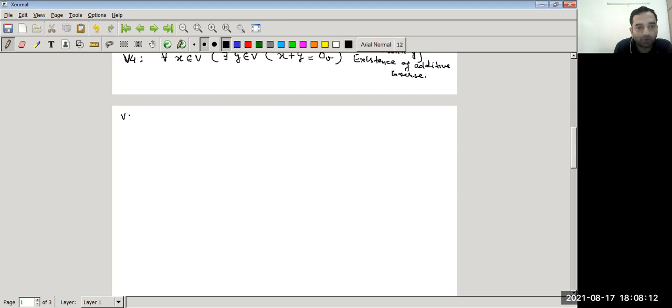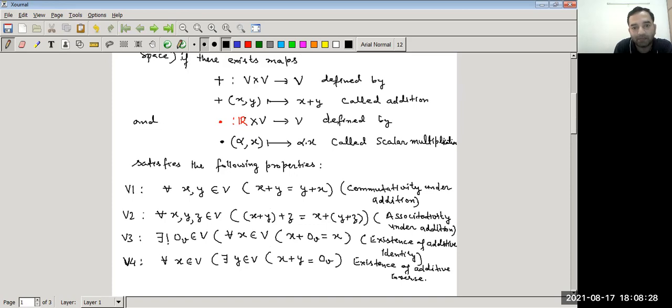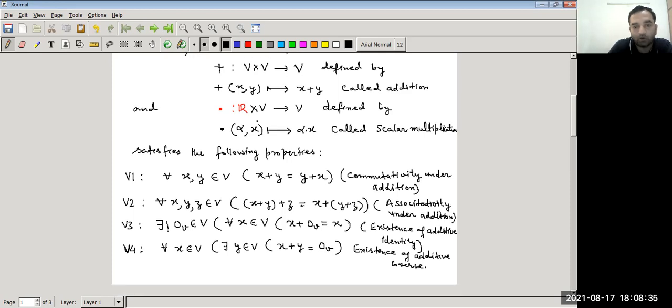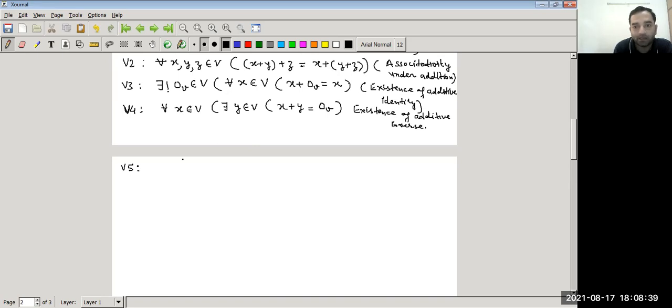Now the fifth property. These are the properties related to scalar multiplication. So now we are taking the element from the field, because when we denote the multiplication, the domain is R cross V, one element from the field and one from the vector space. The Cartesian product is an ordered pair where the first element belongs to the field and the second from the vector space.